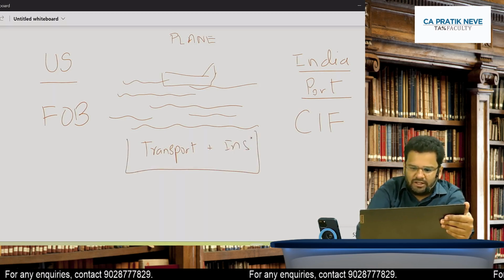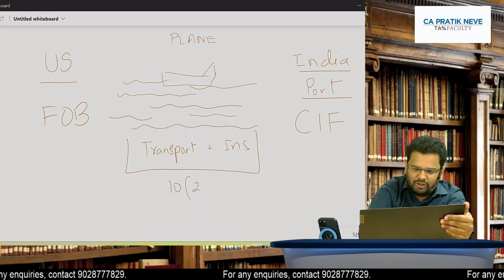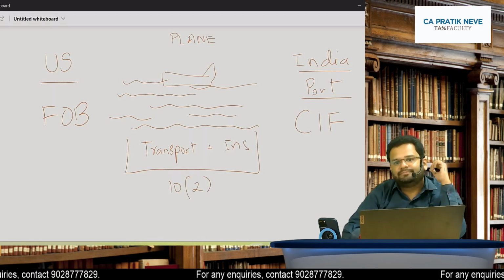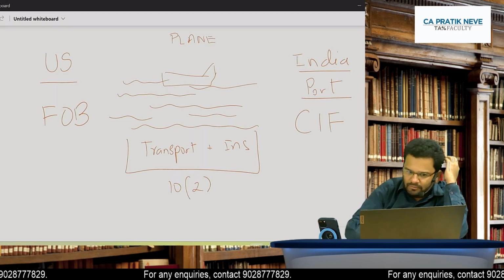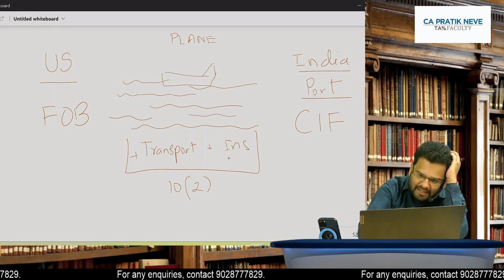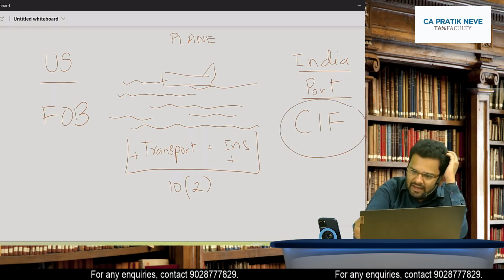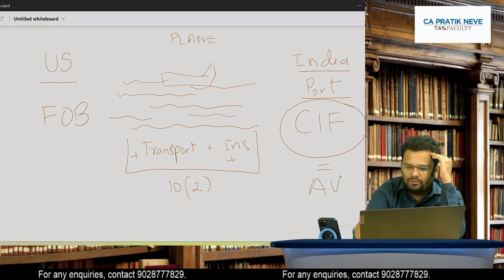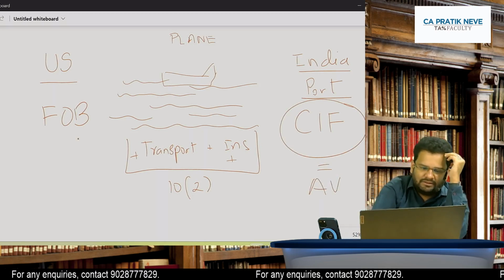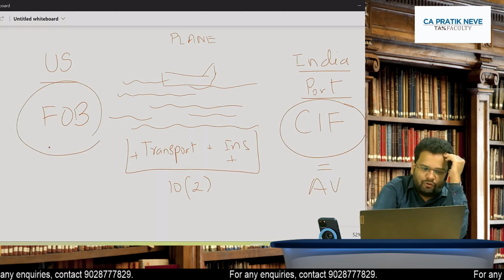This transport and insurance is adjustment of 10.2. Did you understand? This is adjustment of 10.2. We have to add this. You will get CIF. CIF is equal to assessable value. But the only thing is, how to get this FOB?